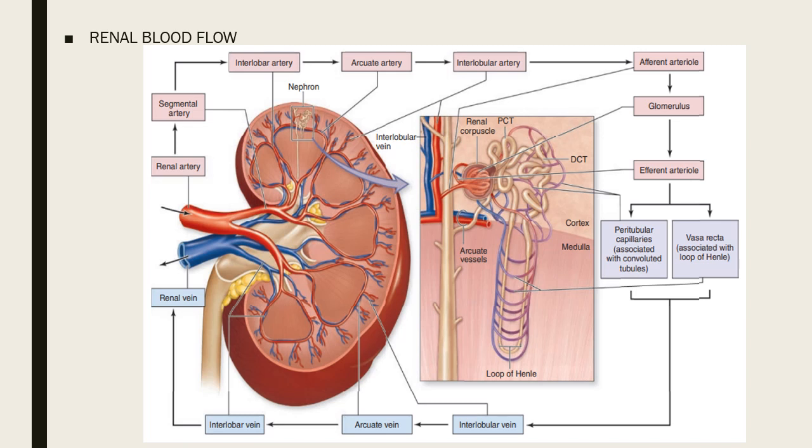Let's take a look at your renal blood flow. The kidneys process approximately 180,000 ml of filtered plasma each day to produce a final urine volume of 600 to 1,800 ml.